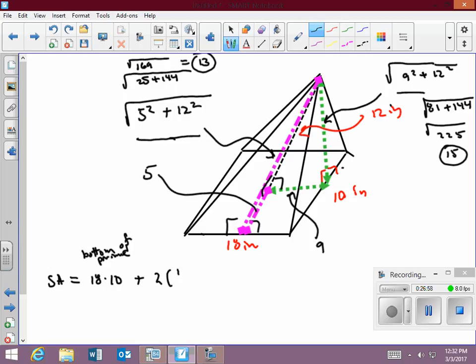It's 1/2 of the base 10 times the height, and that height we said was 15. And then we have two sides whose area is 1/2 times the base 18 times the height, which is this 13.